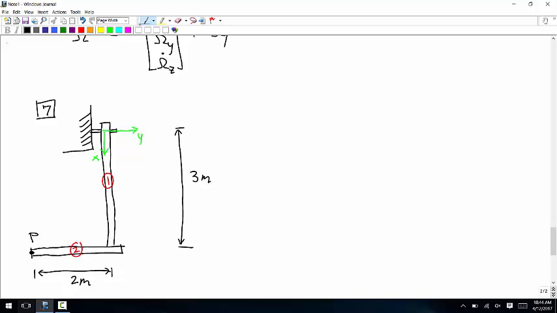Okay, so the angular velocity, I'm going to call it little omega 1. This is the angular velocity of body 1, is 0, 2, 0, and that's constant.